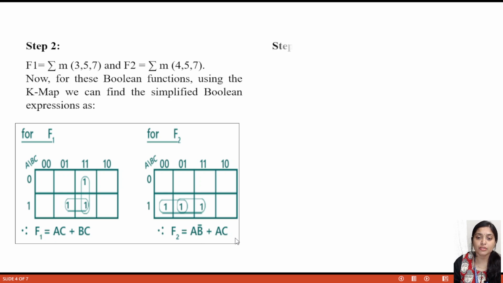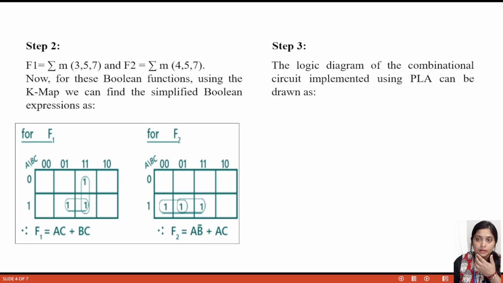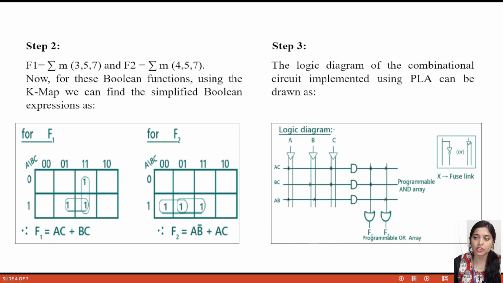Now, based on this expression we have to design the basic logic diagram. So this is actually the logic diagram. This is the A line, this is the B line, this is the C line. This is a buffer.